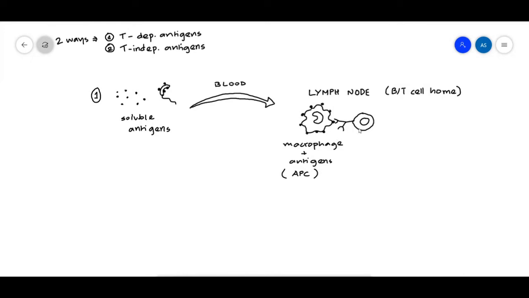What's going to happen next is after a B cell binds to this macrophage in this way, it's going to take in this antigen. So what that implies is this B cell is going to engulf this antigen. So I'm just going to show an enlarged portion. So this is just the B cell in a larger view.